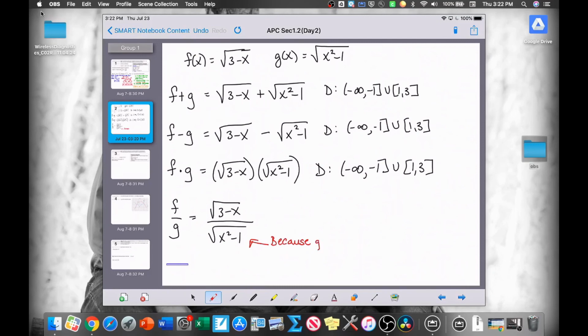Because g of x is in the denominator, x cannot equal plus or minus 1 because those values would make the denominator 0, excuse me.